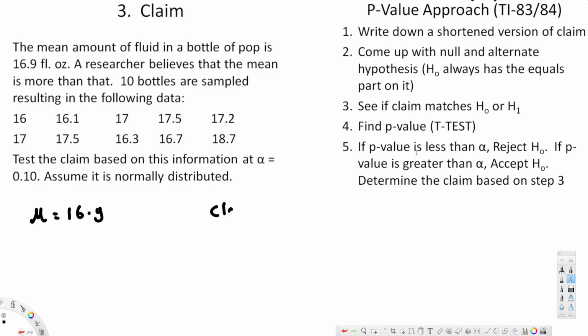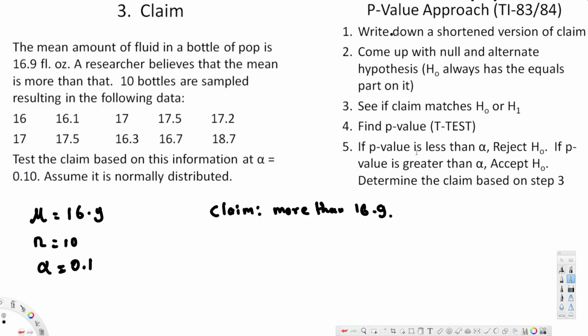So the claim is more than 16.9. After that they have mentioned 10 bottles are sampled, so the sample n is equal to 10, and we also have the alpha value. Alpha is equal to 0.1.